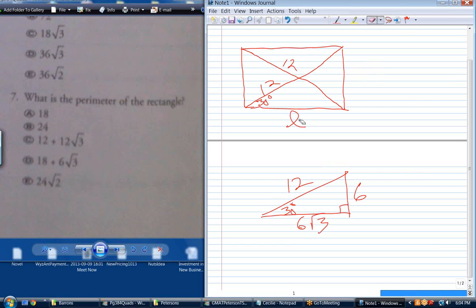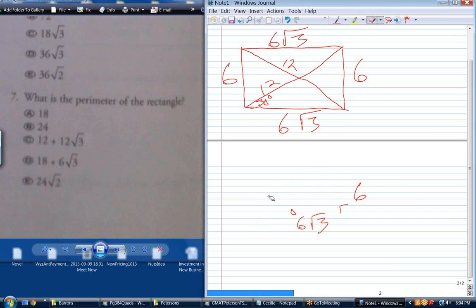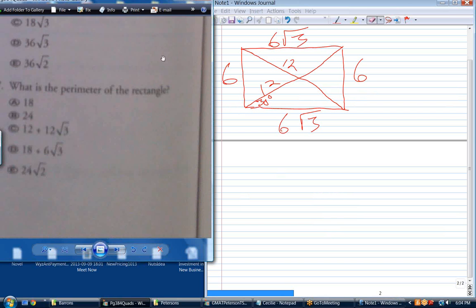So this is 6, this is 6 root 3, this is 6, and this is 6 root 3. I would say that it's C, so 12 plus 12 square root 3. Right.